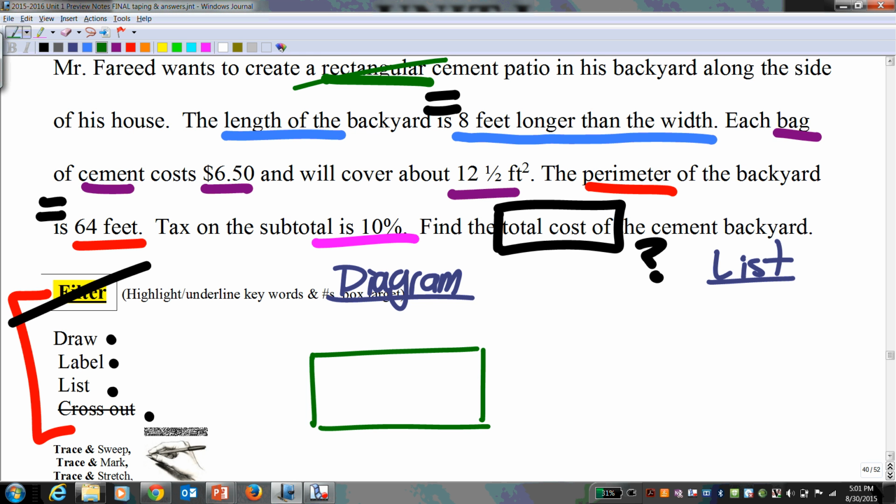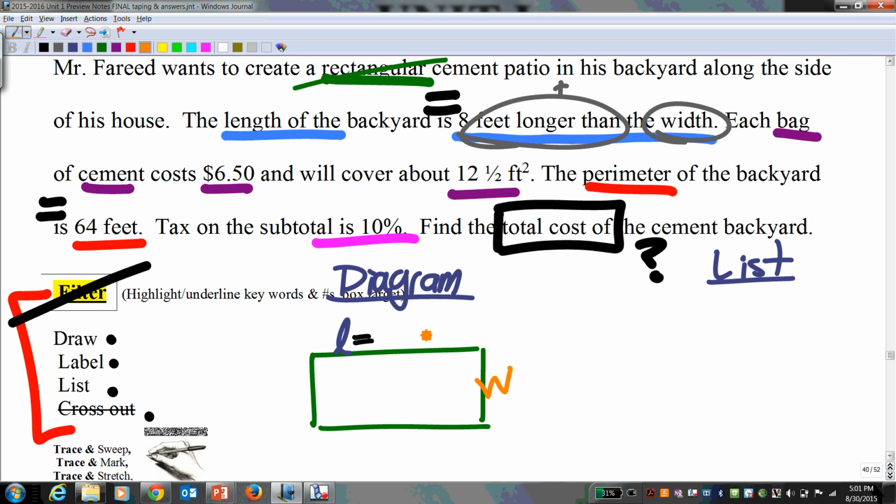The length of the backyard is 8 feet longer than the width. The length, watch carefully, is, that's an equal sign, 8 feet longer than, that's a plus concept, than the width. Okay, so here's our width.